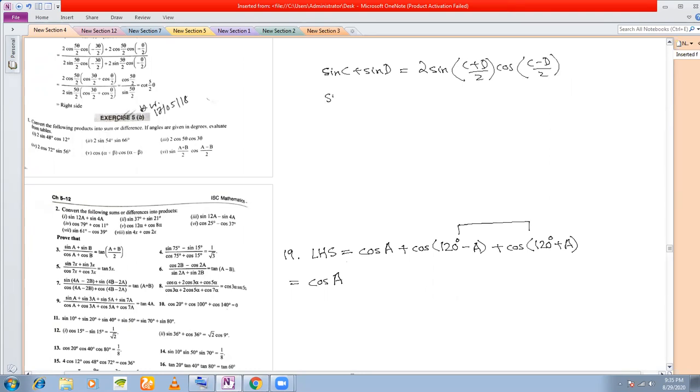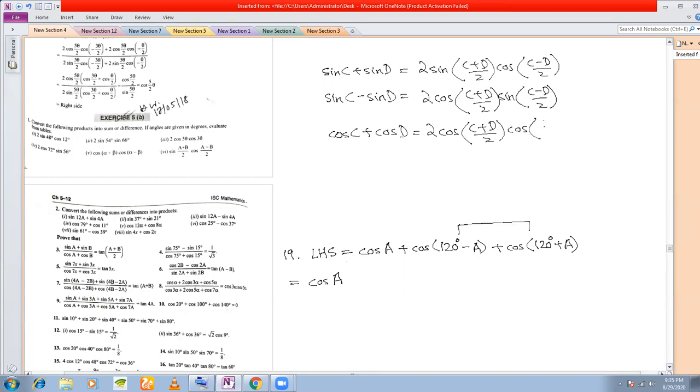Sine C minus sine D, the formula was 2 cos C plus D by 2 sine C minus D by 2. And then you have cos C plus cos D is 2 cos C plus D by 2 cos C minus D by 2.